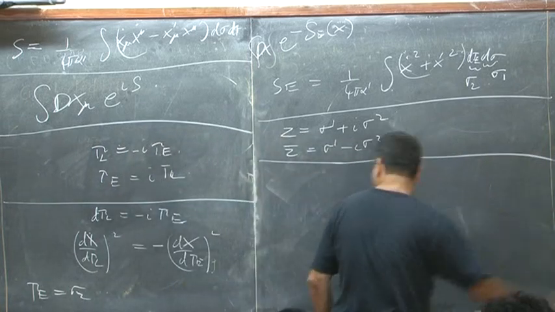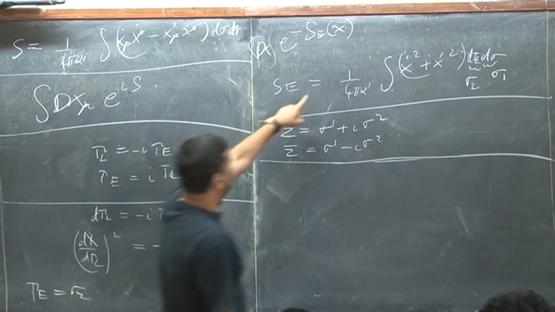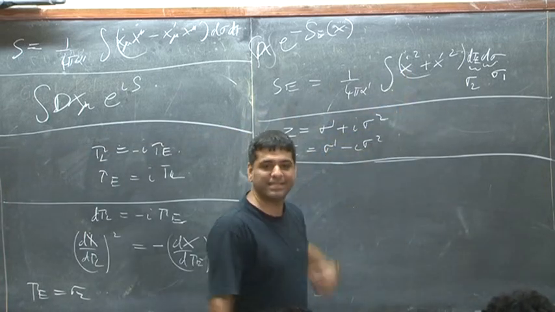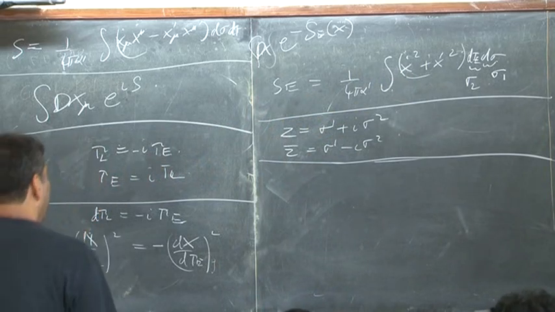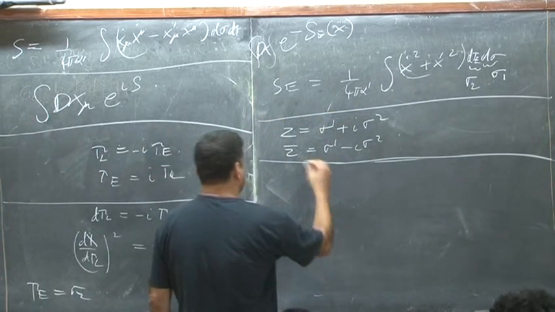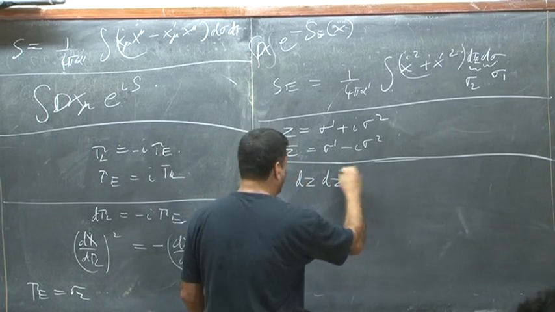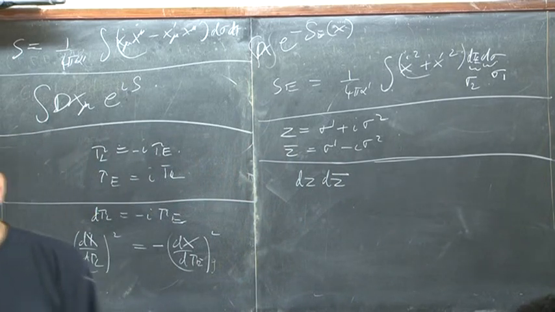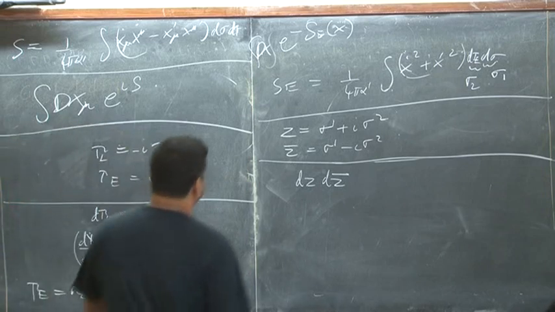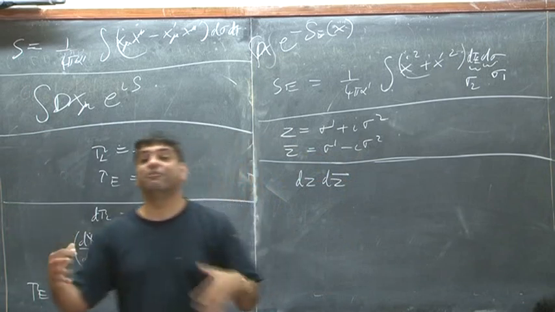Now, the next thing we do is to take this and completely rewrite it in Z notation. Firstly, I'm going to take dz bar. What I mean by that quantity is what I get by doing the variable change: Z is equal to this, Z bar is that, and using the Jacobian formula.